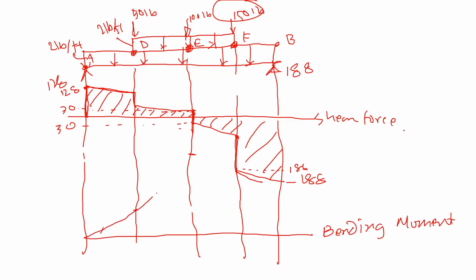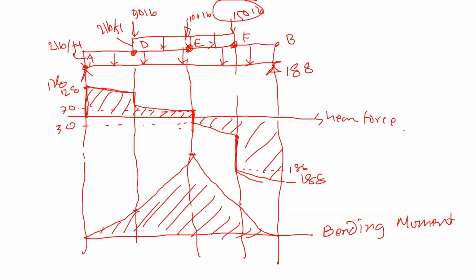They're all kind of second degree curves, and then this was something like 186 or so, and then go like this. So this was 127, this was 236.5 pound-feet, and at point F, I think it's 187.